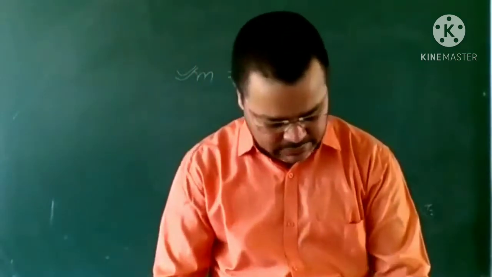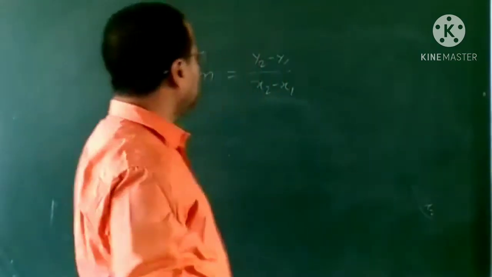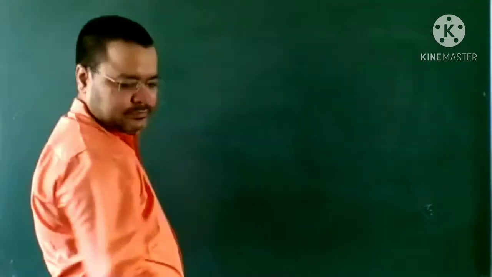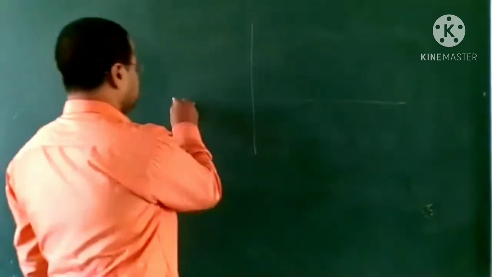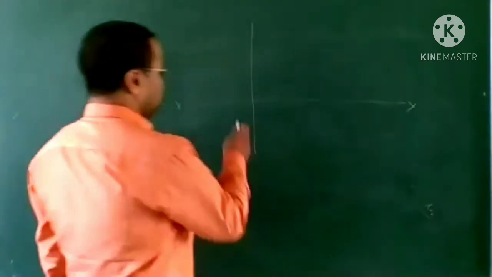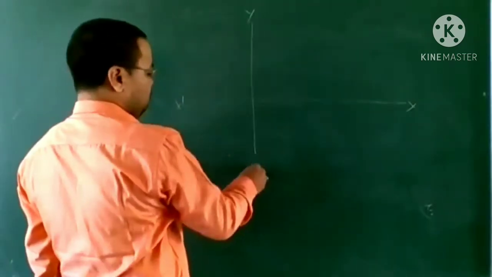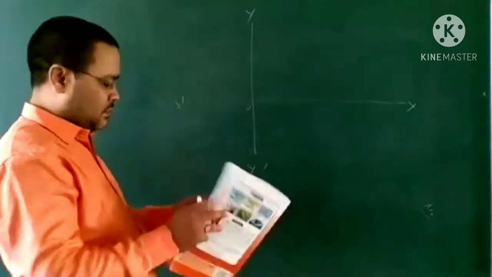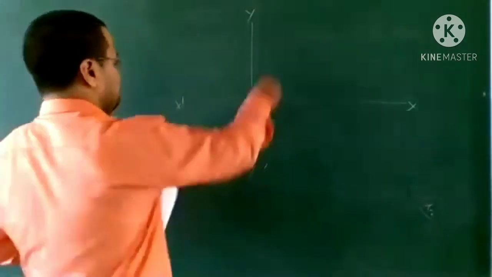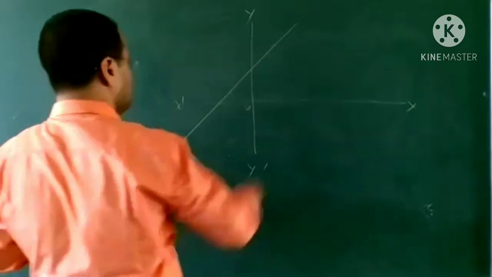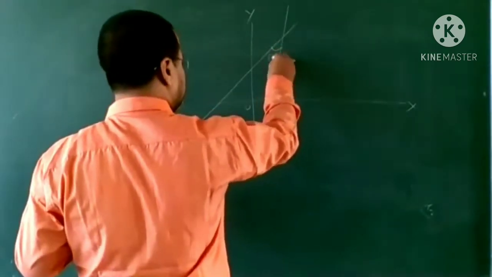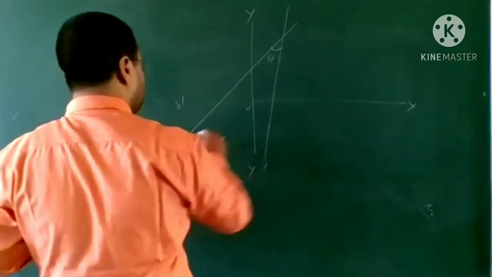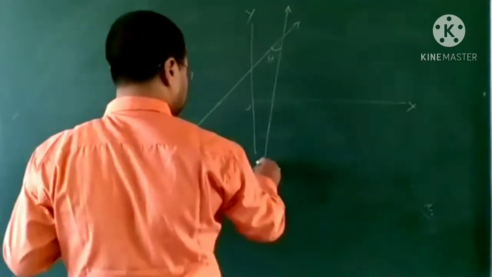Question number 9. Here a graph is given like this. X-axis, X dash, Y, Y dash, origin. 3 lines are given like this. Here theta is mentioned, and the equations of two lines are also mentioned.